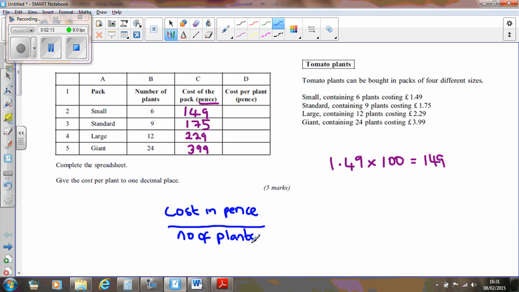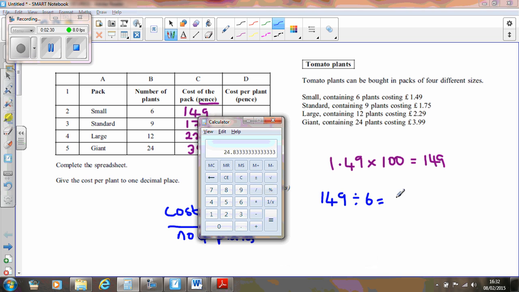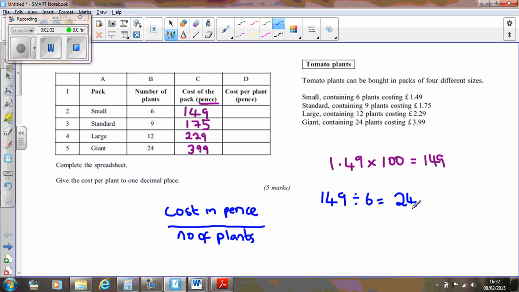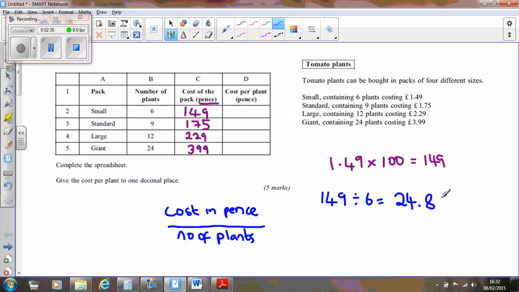So the first calculation here is 149 divided by 6. We get the calculator up. 149 divided by 6 gets us a big long number there, 24.83 recurring. 8333, put a dot on the top to recurring.